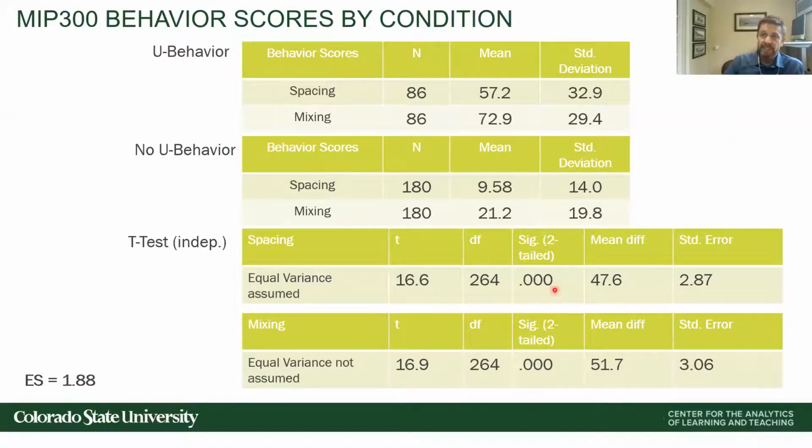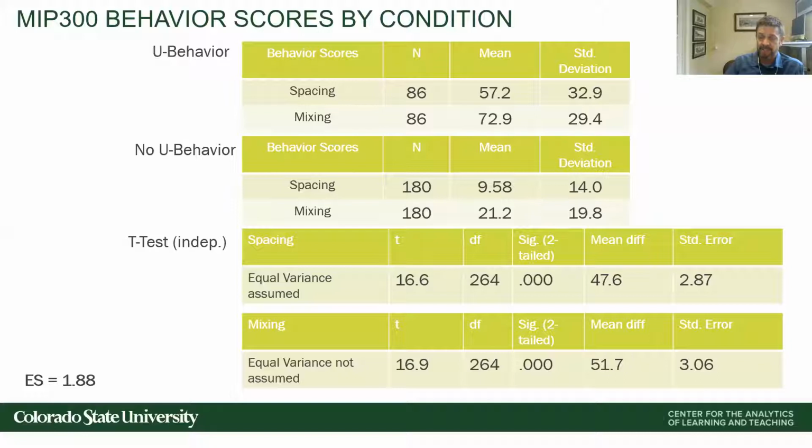There were significant differences between the conditions, so we significantly changed their behavior, and most importantly, the effect size was huge, about 1.8 when it comes to behavior change. We're significantly changing student behaviors with this particular condition. This is really exciting. We had no idea whether we were going to be able to do this or not.